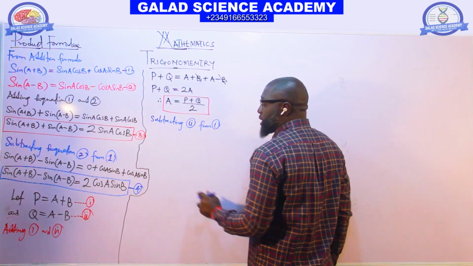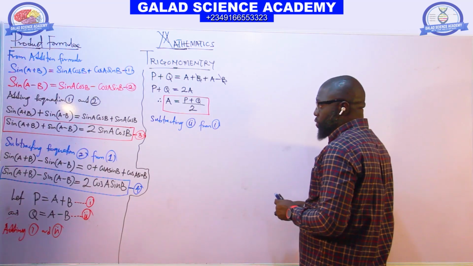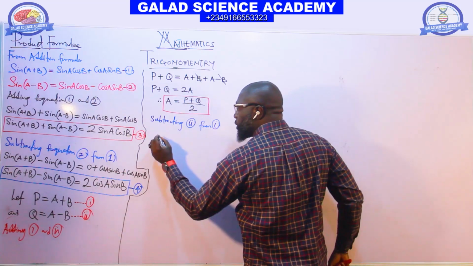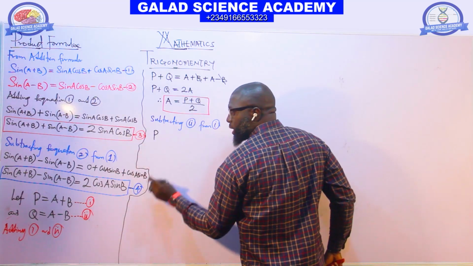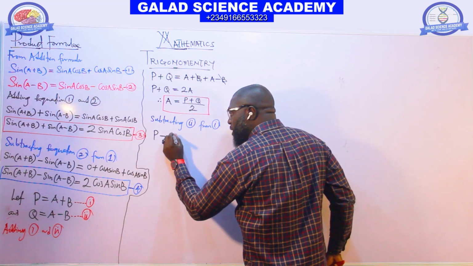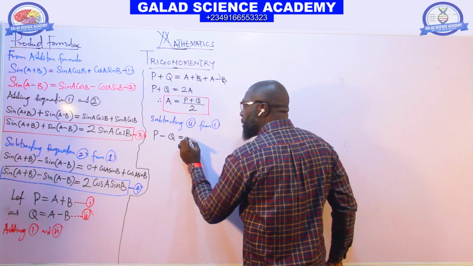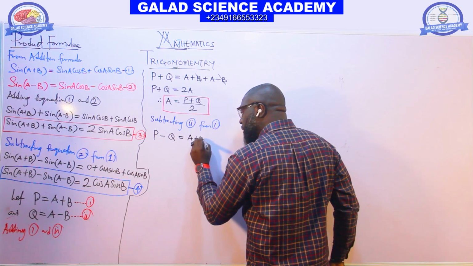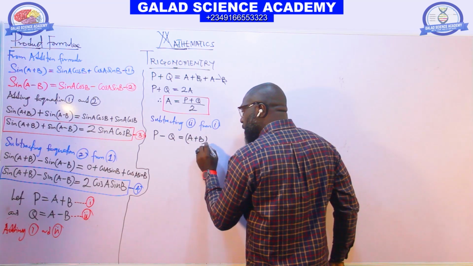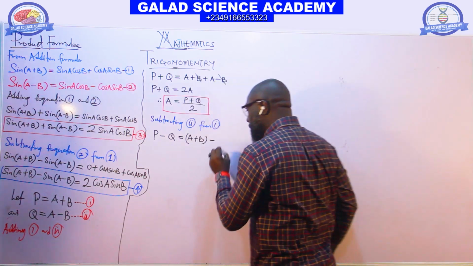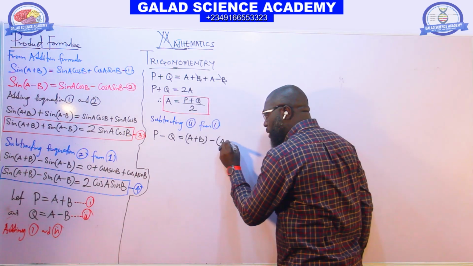If you subtract it, what are we going to have now? We have P is equation 1 minus Q. What is P? P is A plus B, minus Q is A minus B.